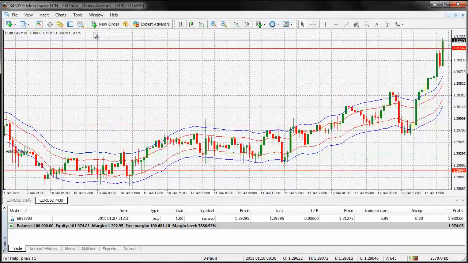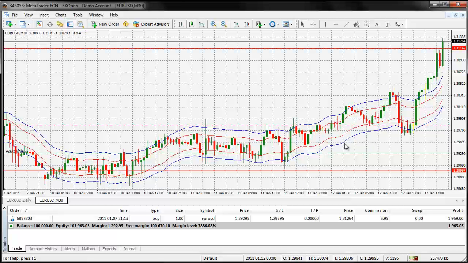Now, the object of this particular setup is to find buy and sell signals, as follows. The currency price needs to fall below the blue line. The blue line represents your deviation of 0.2%.